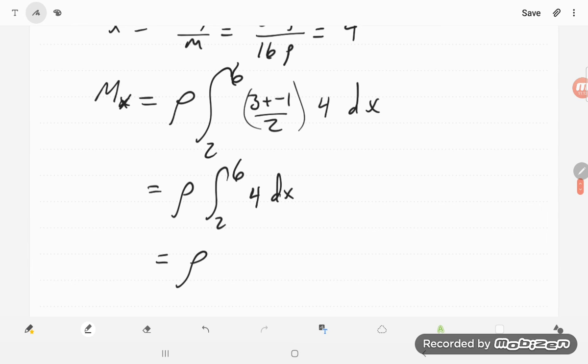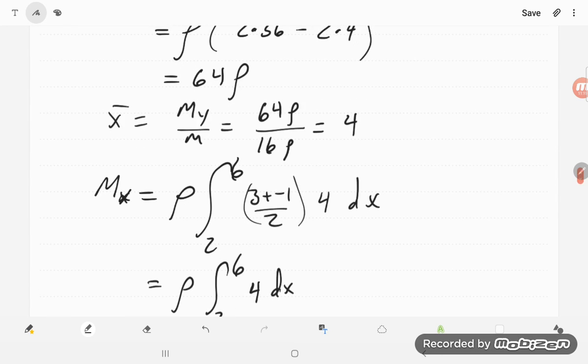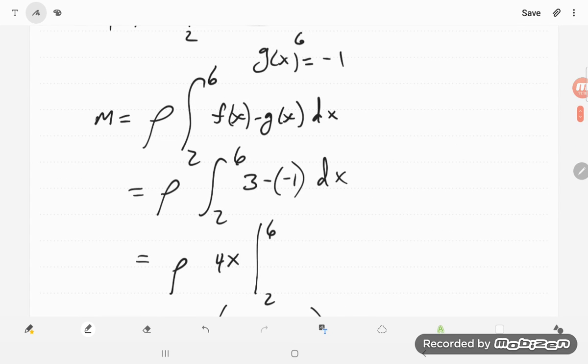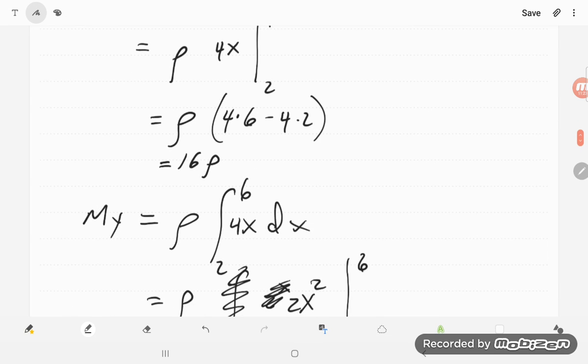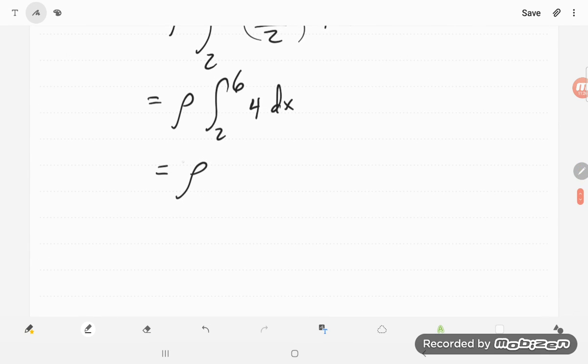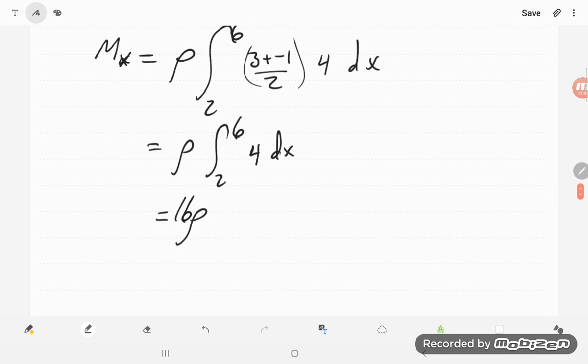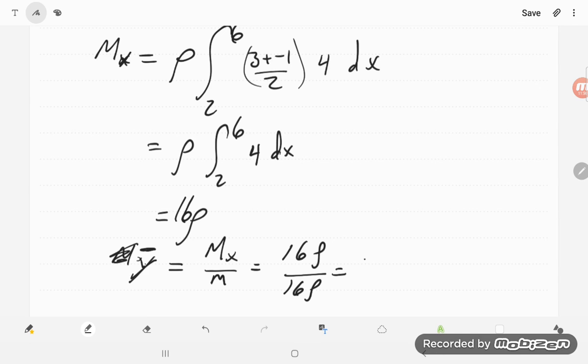And so this is rho, and we've done this integral, the integral from 2 to 6 of 4, right here. And we got 16 rho. So this is 16 rho. And so when we want to find our y bar, that is m sub x over m, which is 16 rho over 16 rho, or 1.